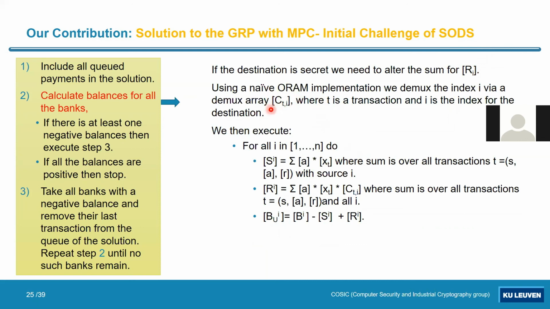We use this demux array c_t,i to go over all the transactions, and in the case that it finds the receiver, which is i, the destination, it returns 1. So for S_i it is the same, but for R_i, which shows the money which bank i receives from the other banks, we multiply this with c_t,i, and the other things are the same.